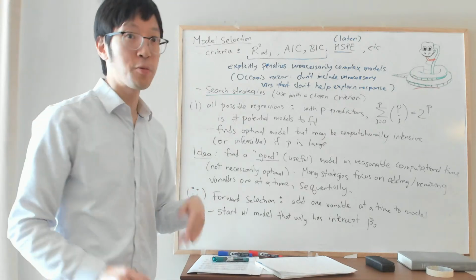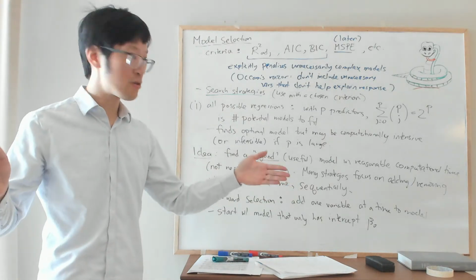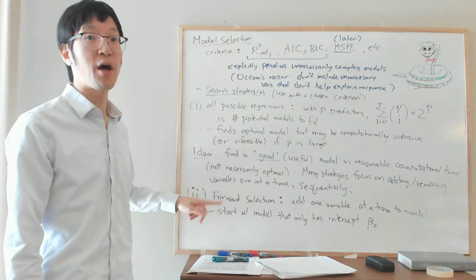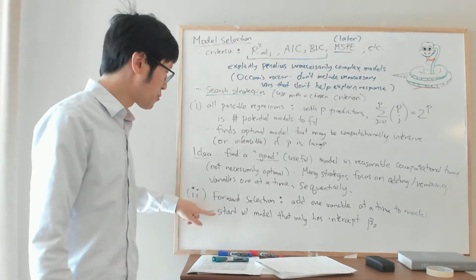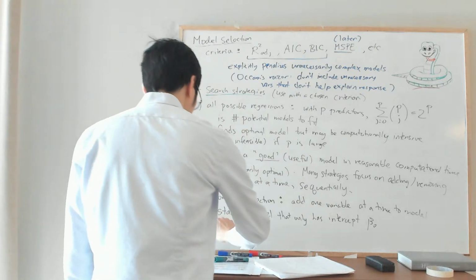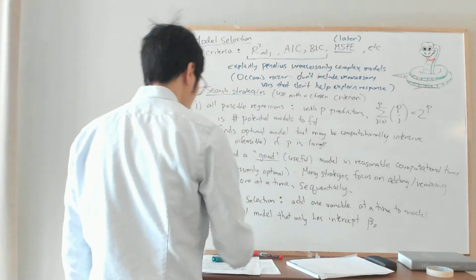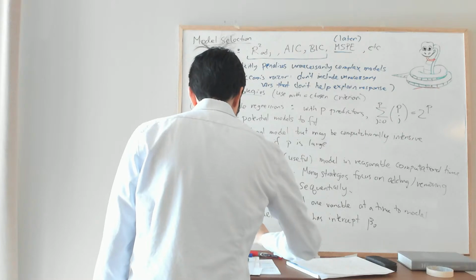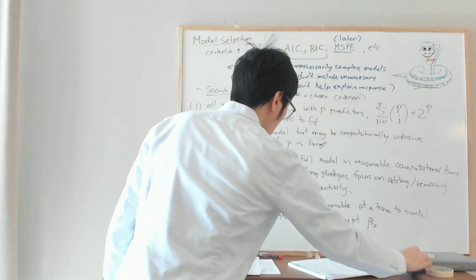What we're going to do is scan the space of possible models, where from the current model we add one variable. Starting from a model with 0 predictors, we first put in the first predictor. So we're going to fit all possible regressions with one predictor.